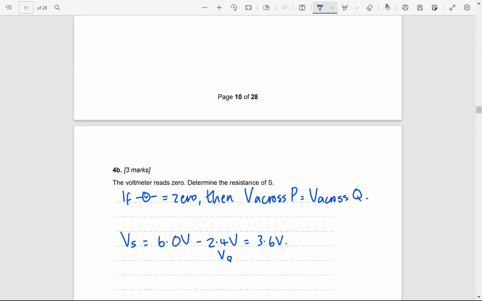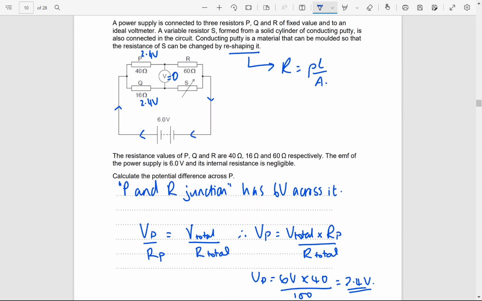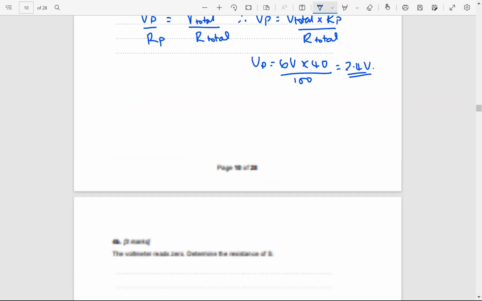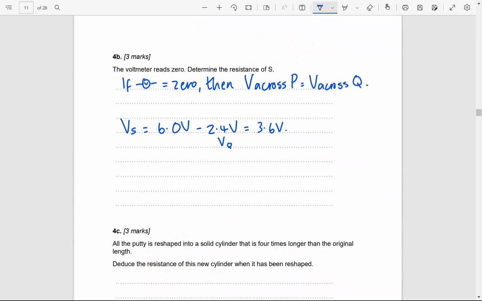Now we need to know the resistance of S, which is the one that's in line with Q. So what is the resistance here? If we know what the voltage is and we're trying to find the resistance, we just need to work out the current.